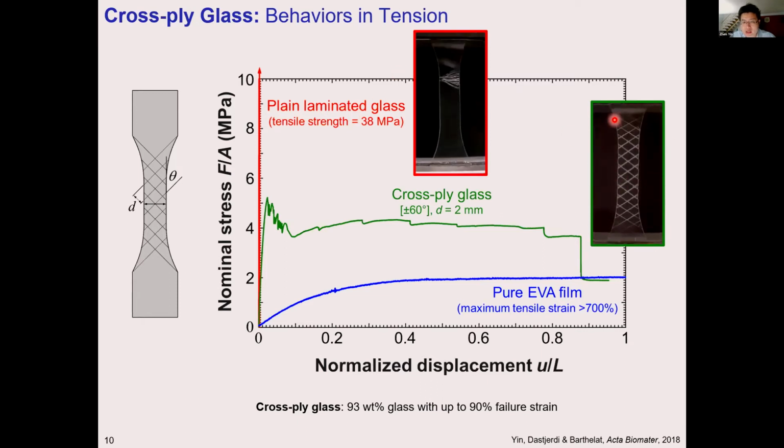It has a kind of ply rotation and sliding, which leads to very high deformability and also very decent stiffness and strength. Overall, our Cross-ply glass is made of more than 93% glass, but we can reach up to 90% of the failure strength.